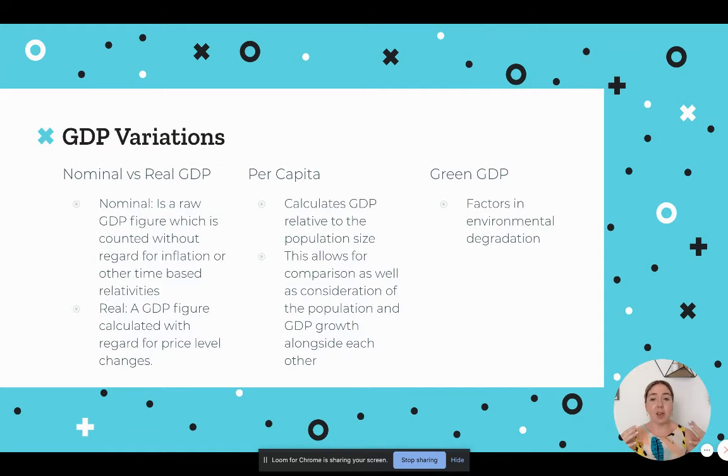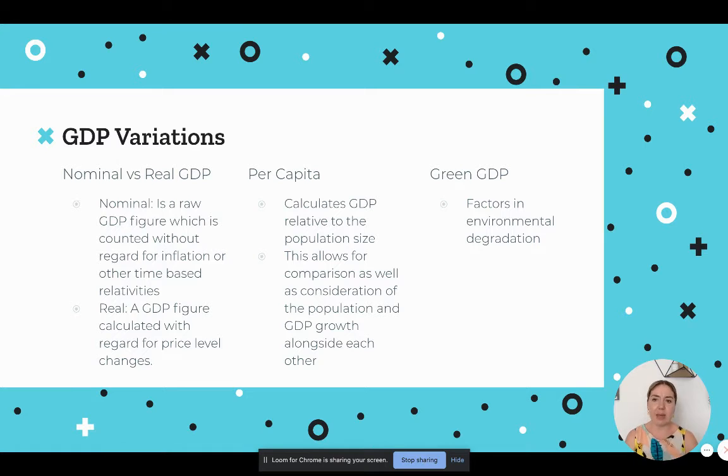So, aside from the fact that we don't just have GDP to use, we also don't just have one version of GDP. Sorry, my brain went then. So, GDP can be altered to correct some of the things that are maybe errors with it.